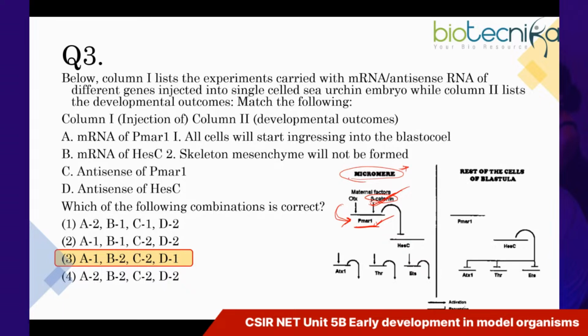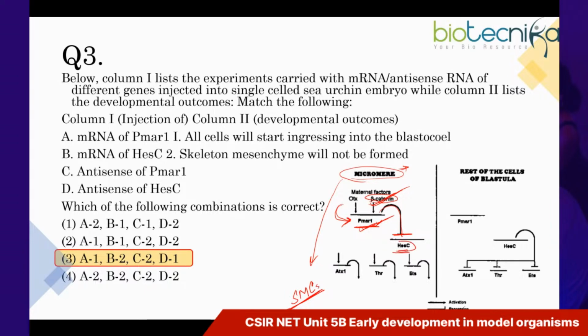And micromeres are supposed to give rise to skeletogenic mesenchymal cells, the ones which will give rise to skeletons, the skeletal rods in sea urchin. So if PMAR is there, then PMAR inhibits HESC.